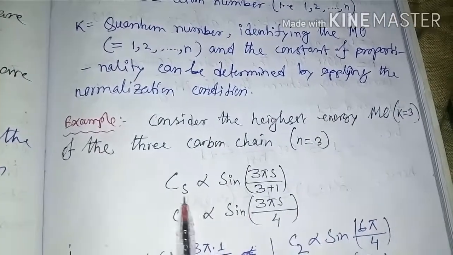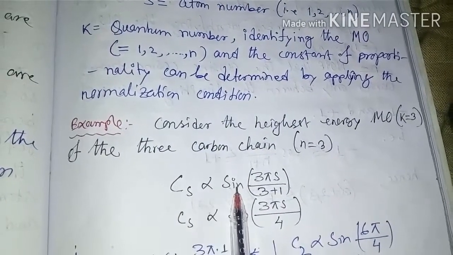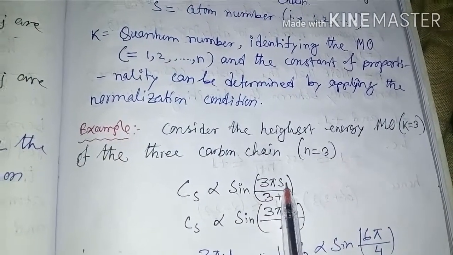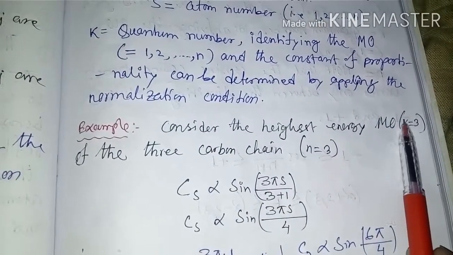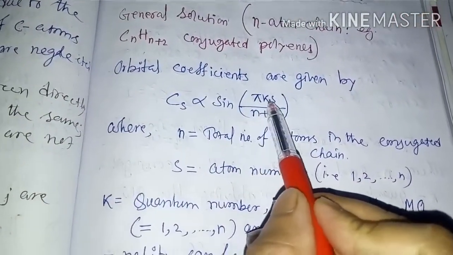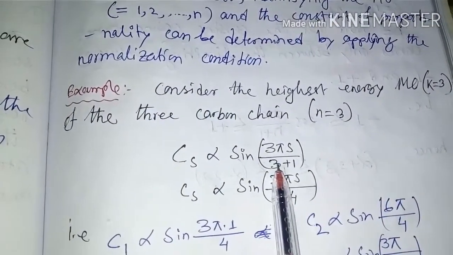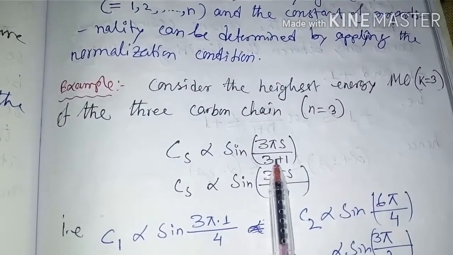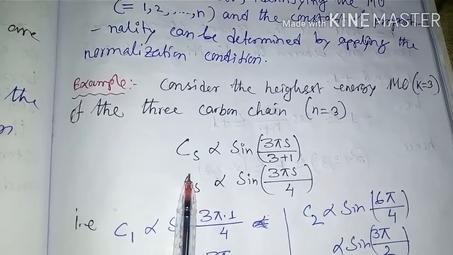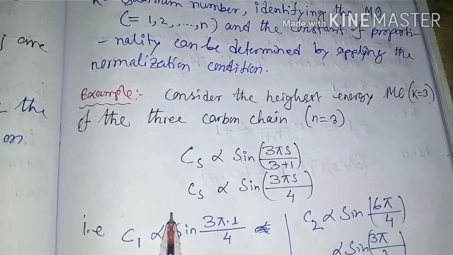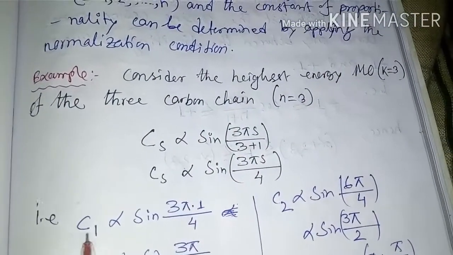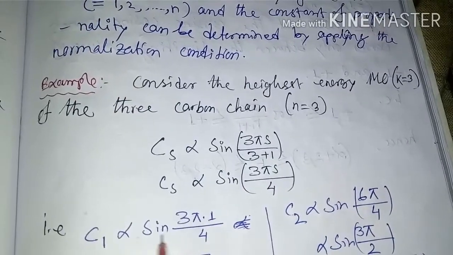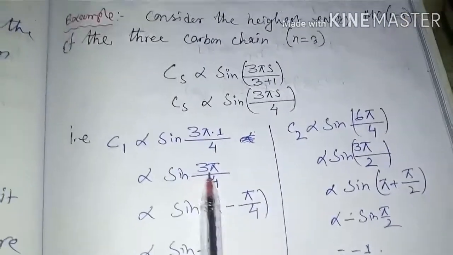So the formula is C_s proportional to sine of 3 pi s divided by 3 plus 1. Here k value is 3 and n value is 3. Suppose s value is 1, where s equals the atom number. So for s equal to 1, you will get the answer.